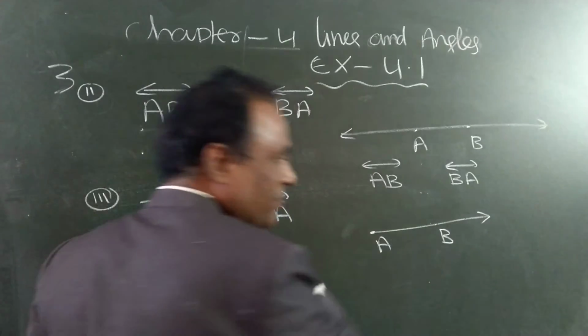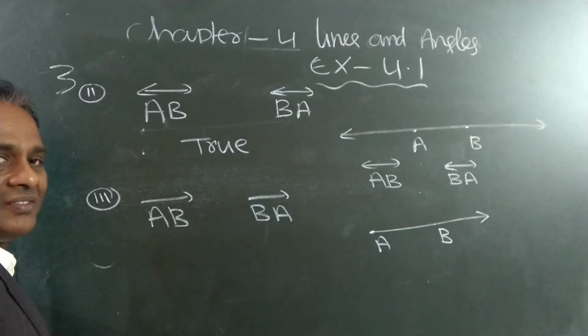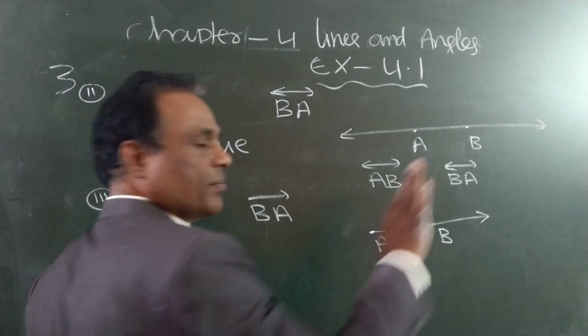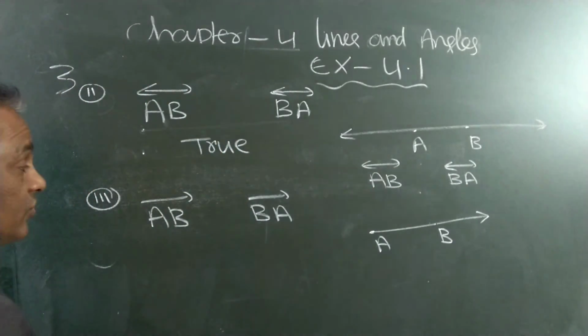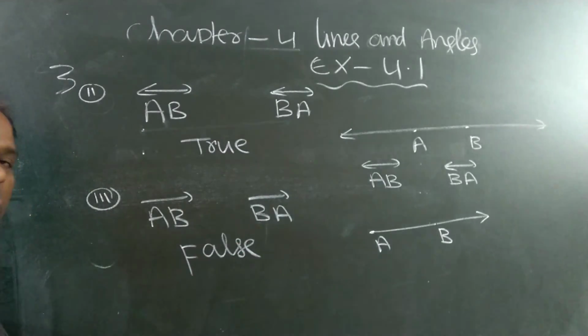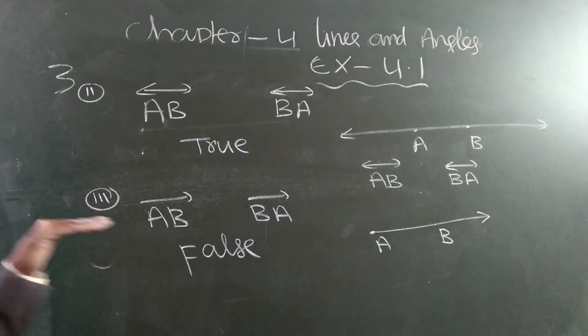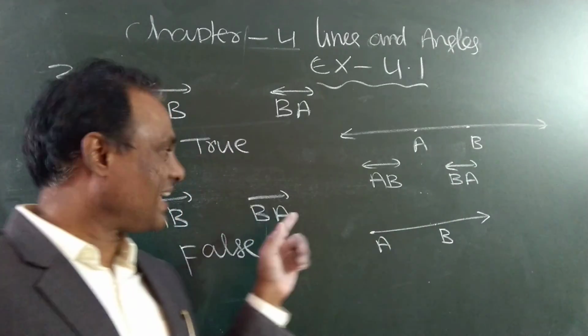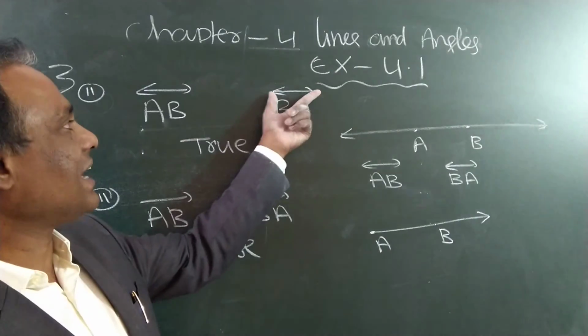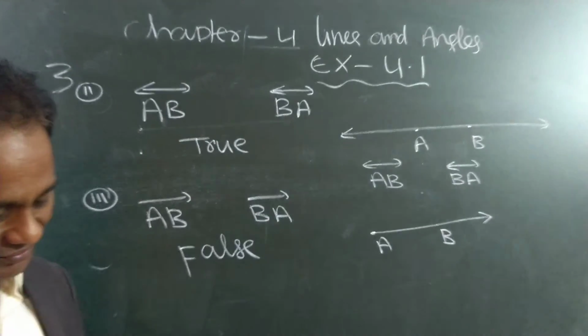We can't call it a BA ray because on this side there is no arrow mark. It will only be called the AB ray, not the BA ray. So false. AB ray, not BA ray. Direction is there. For a line we can write both directions, but for a ray we can't write only one direction.